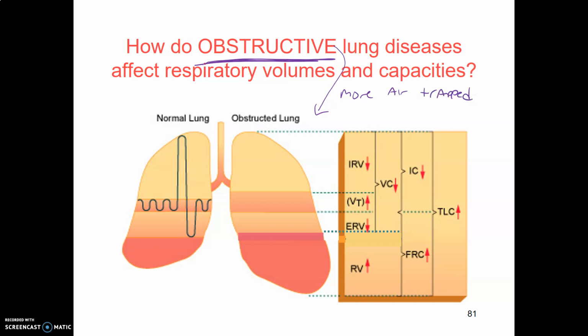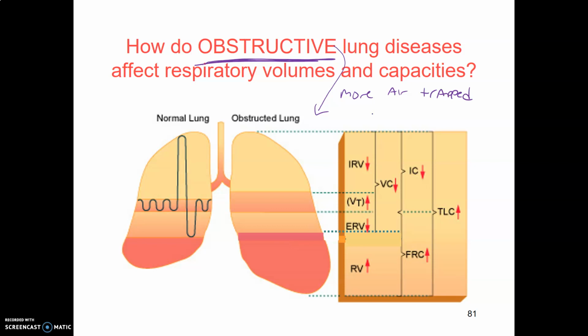So think about it. What are some respiratory diseases that you know of that would cause air to be trapped in the lungs, meaning that you can't quite get more air in and you can't get air out? So it makes exhaling difficult, but it also would make inhaling difficult as well because the lung is already inflated to pretty much its max.